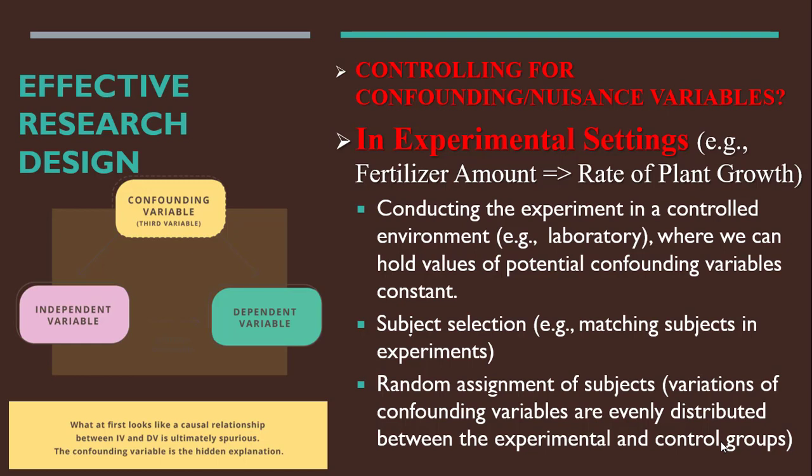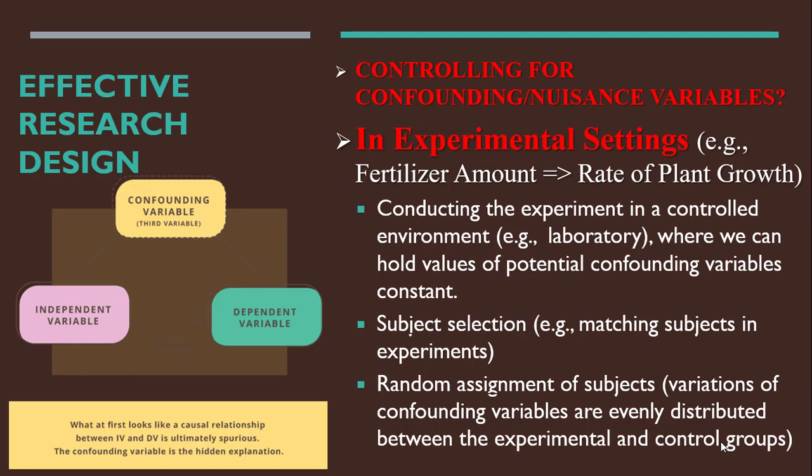So you make sure you select subjects that are quite similar so that you can control for any kind of confounding variables. Another way would be to do a random assignment of subjects, because we know in the population things are usually going to be random.